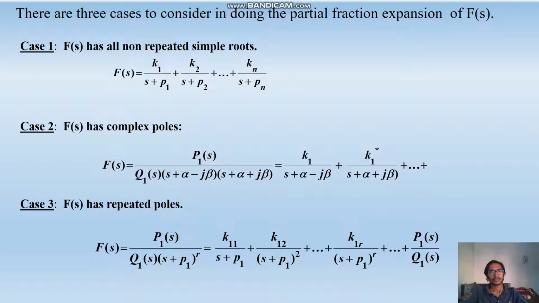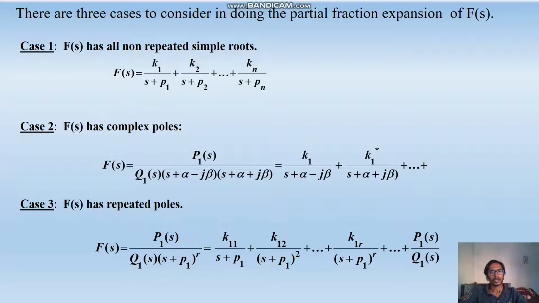Then we have to calculate the inverse Laplace transform. We have three cases which we consider in doing the partial fraction expansion. Case 1, in which we have non-repeated simple roots, so we use F(s) equal to k1 upon s plus p1, and so on until kn upon s plus pn.